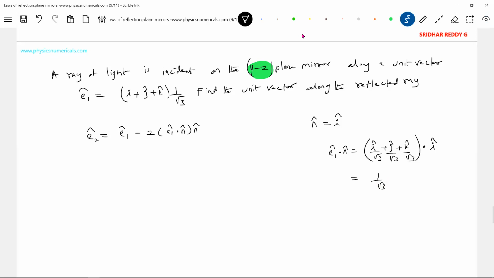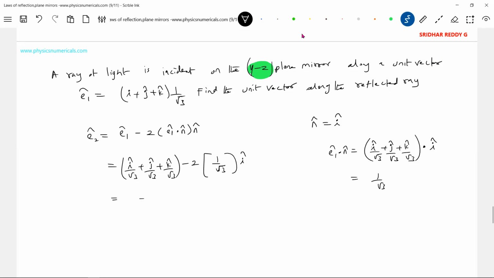Substituting this value here, this will be I cap by root 3, J cap by root 3, K cap by root 3, minus 2 times 1 by root 3. Now, what is the value of N cap? It should be I cap.